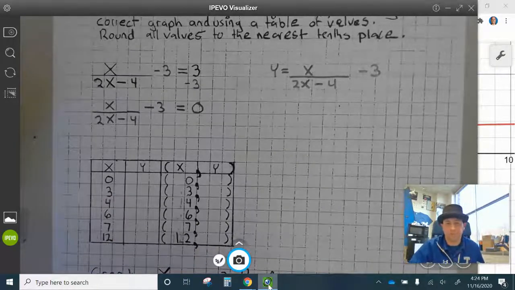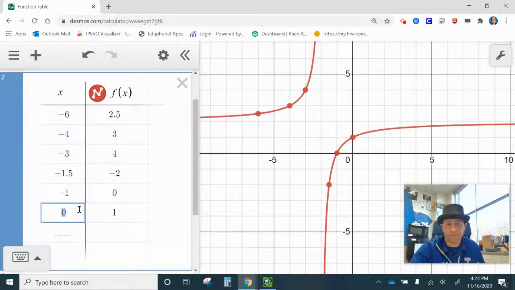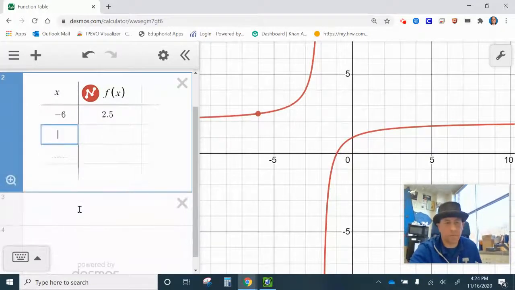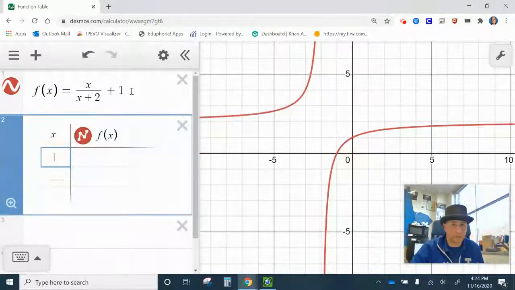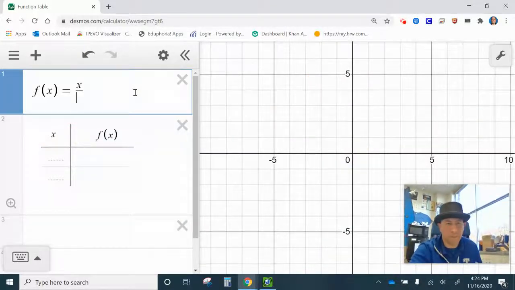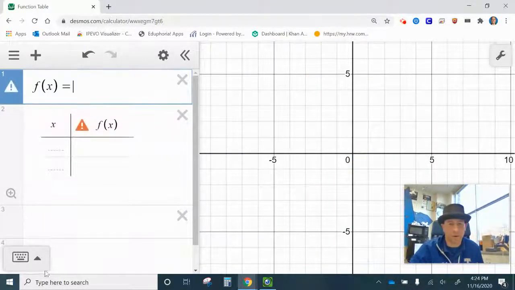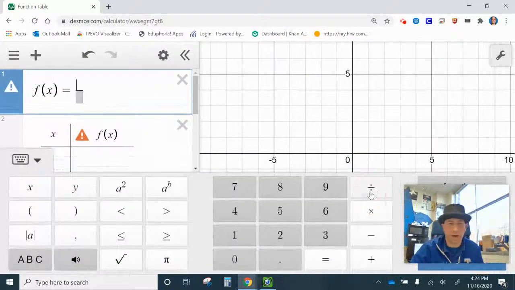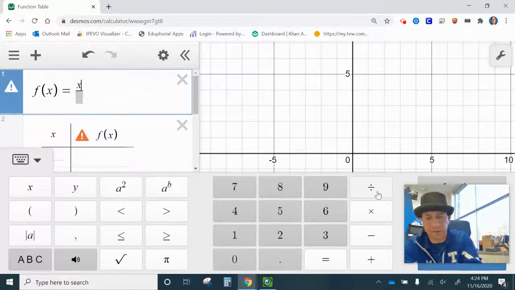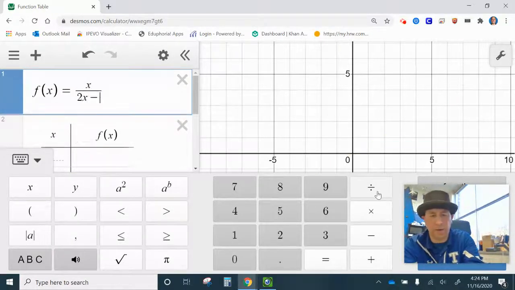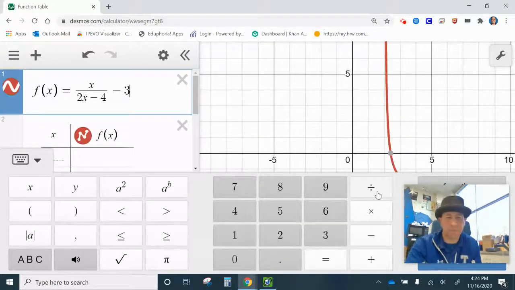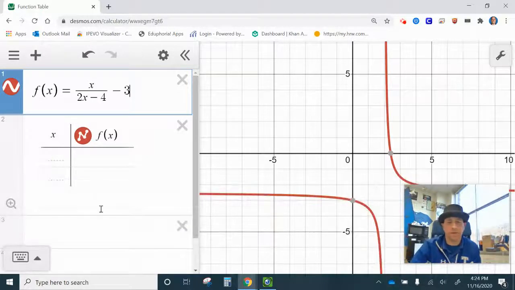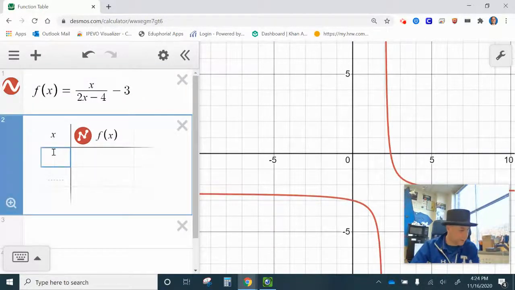Okay. So let's delete that. Okay, delete this function. And so then we're going to go here, press divide, x divided by 2x minus 4 minus 3. Okay, we can minimize that. Now, we're going to plug in the values from the problem.